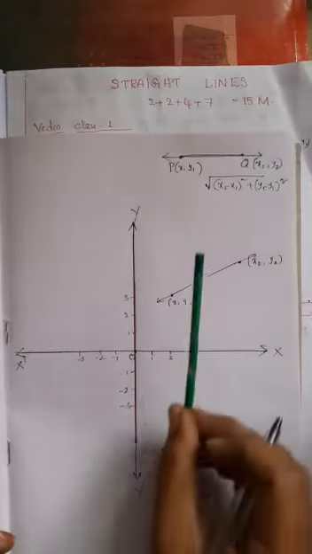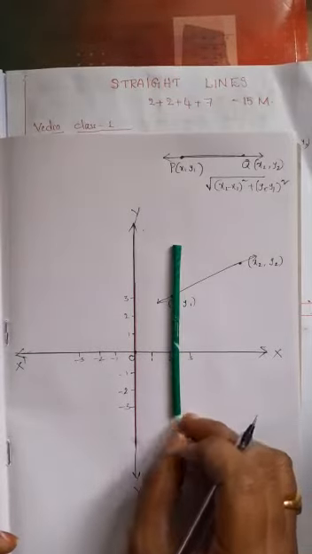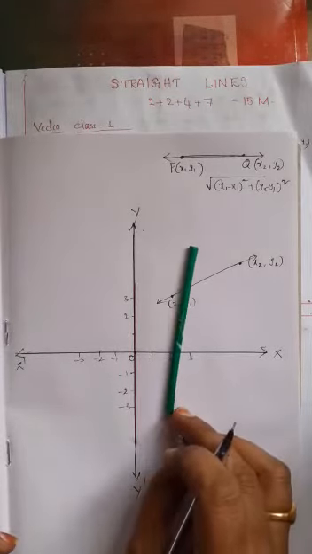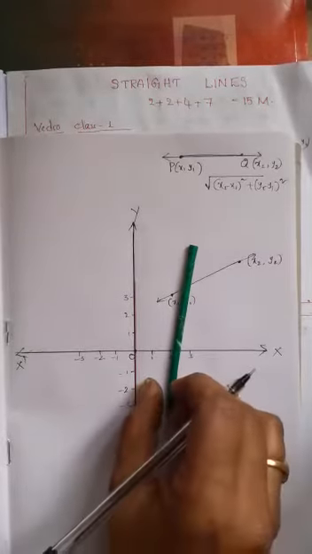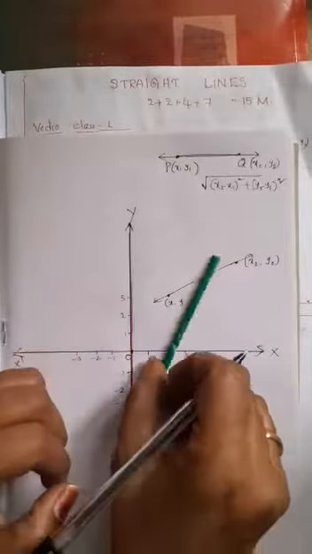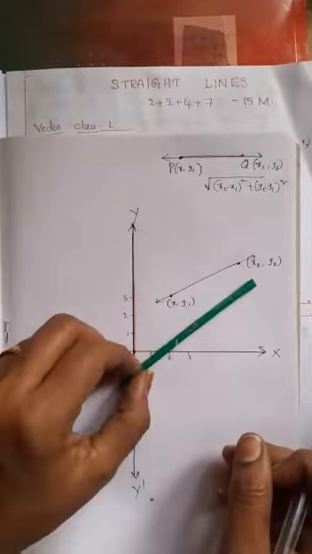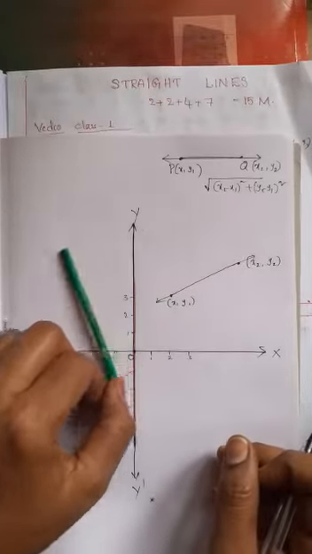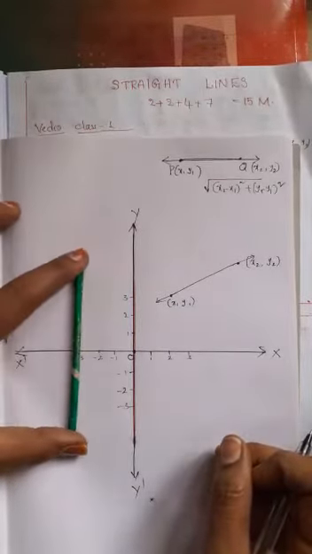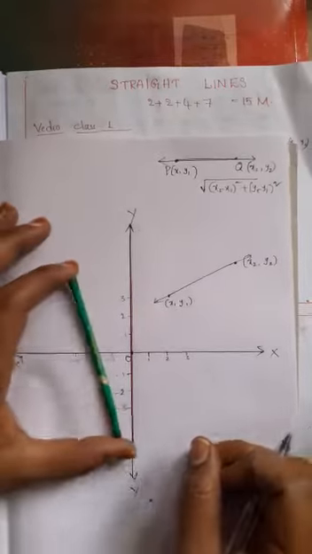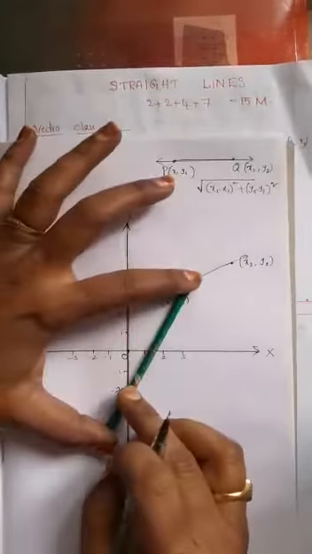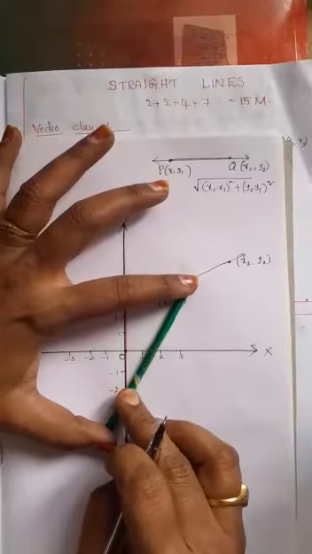Suppose there is a line like this, it may be anywhere. Definitely it has some slope, right.